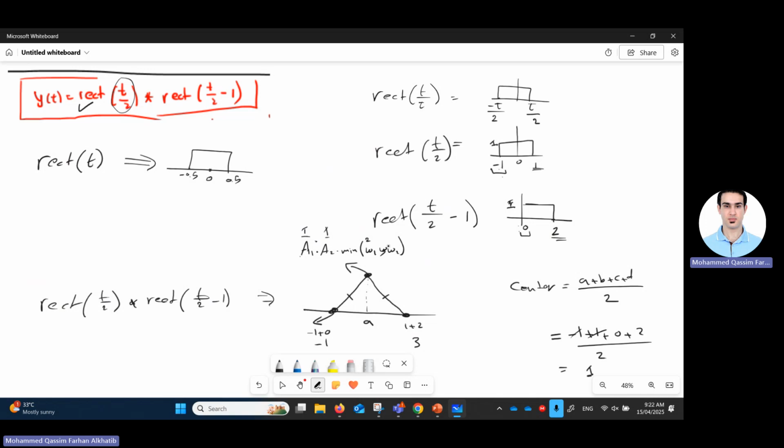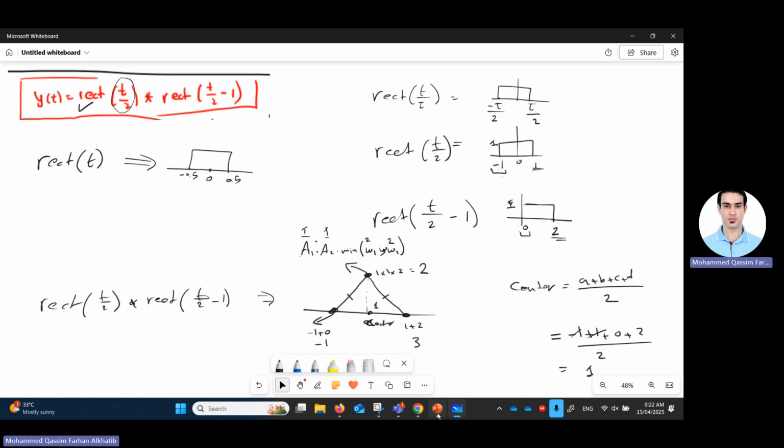And the same thing for the other rectangle, that's 2. So the minimum between 2 and 2 is 2. So the output here will be 1 times 1 times 2. That will get 2. So I will have a triangle that goes from negative 1 to 3. The center is at 1. And the maximum value is 2.